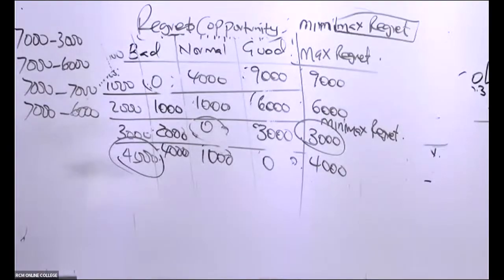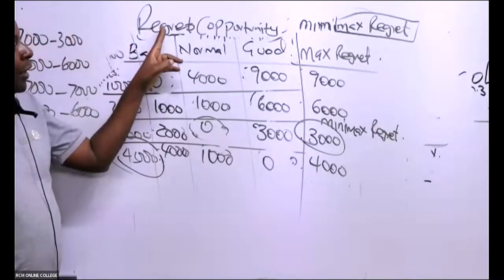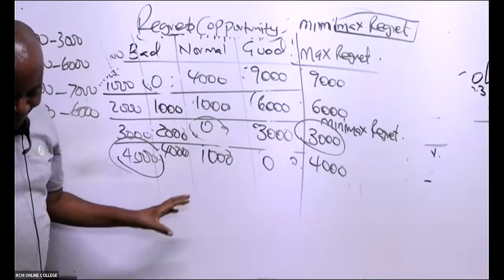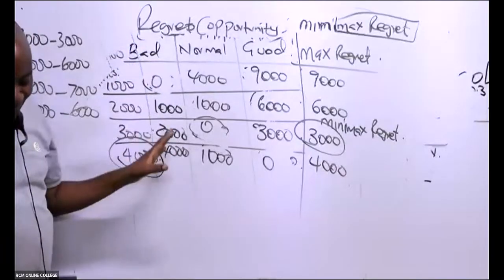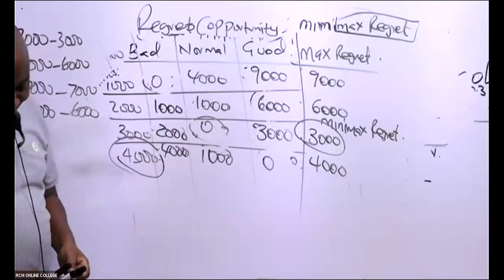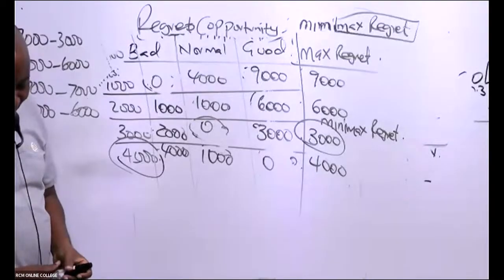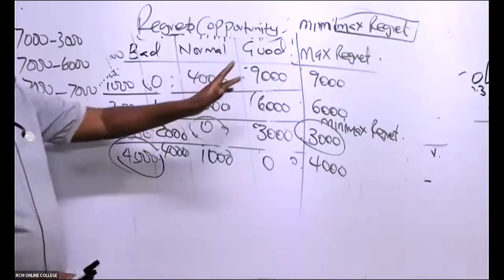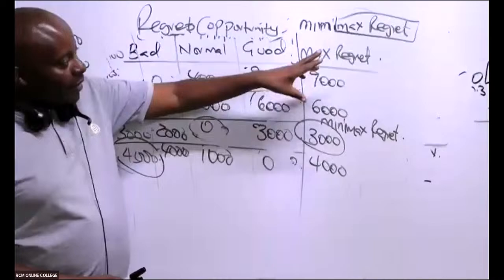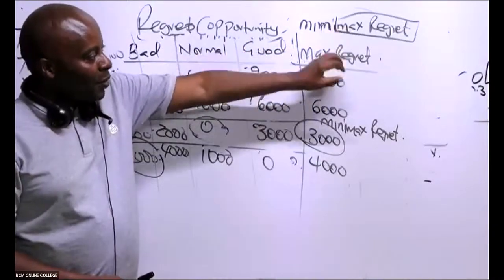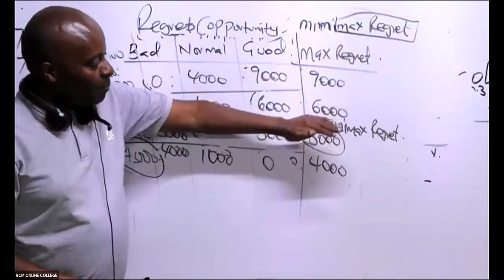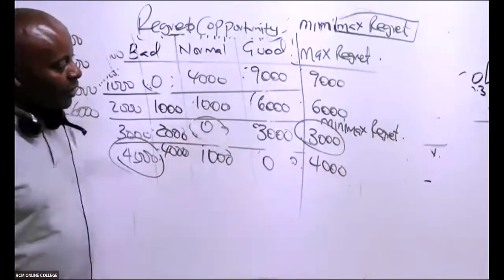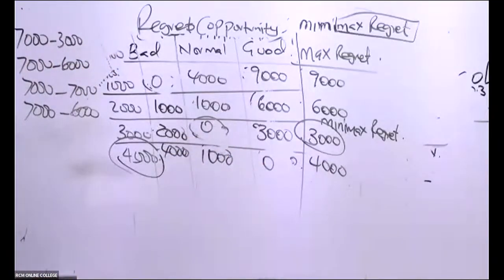First of all, because I know some of you have gotten lost somewhere here, are we together on how the regrets were computed? The online ninjas, are we together? Were you able to compute them yourselves? Then remember minimax regret: start with the maximum regret for each.